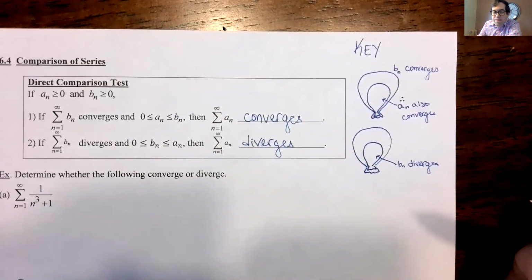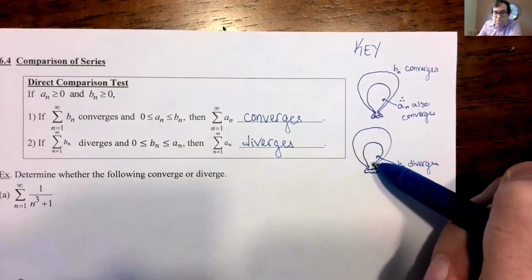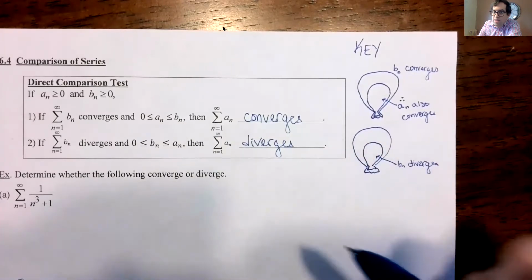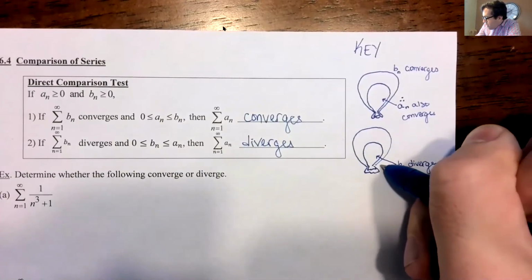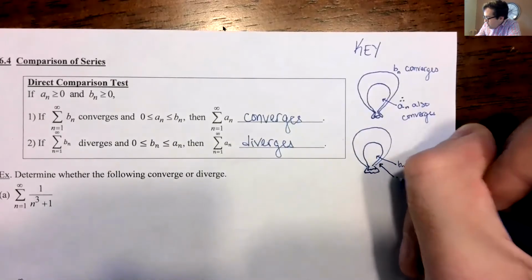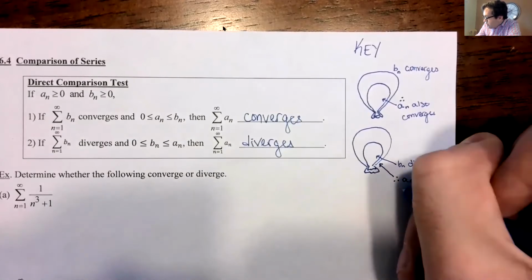We'll talk more about that later this year. But for now, we just need to know that if there's some infinite amount of air in this smaller balloon, and we're now studying an even larger balloon, that's definitely going to also diverge. Let me try to make clear that this arrow is pointing at the bigger balloon. Therefore, A sub n also diverges.